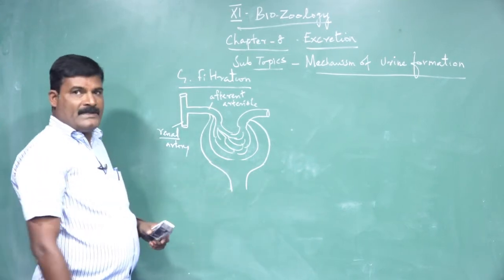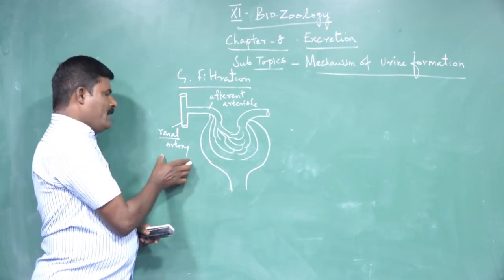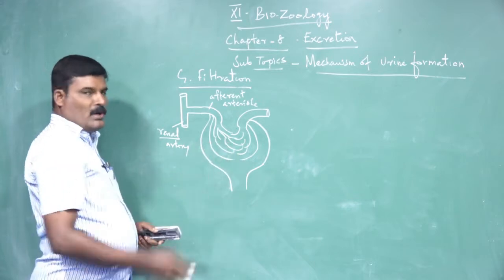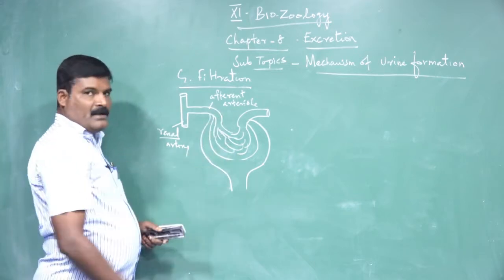So the kidney receives blood from the renal artery into the glomerulus through the afferent arteriole.